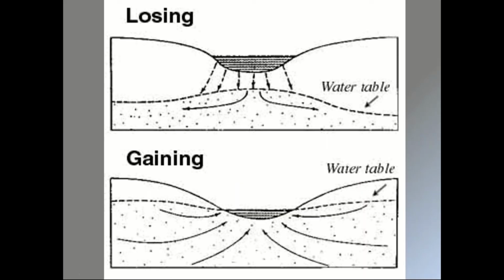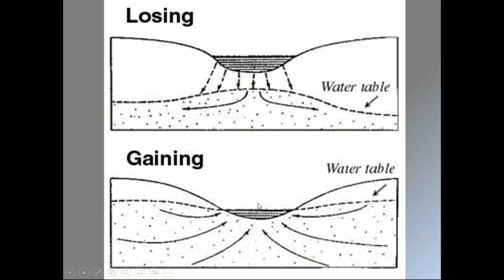But these come in basically one of two flavors. We have losing streams and gaining streams, and that simply refers to the fact that the water in either one of these stream channels is either perched above the water table, in which case it's a losing stream, right? The water in the stream channel will kind of filter through the bed of the channel trying to get to the water table.